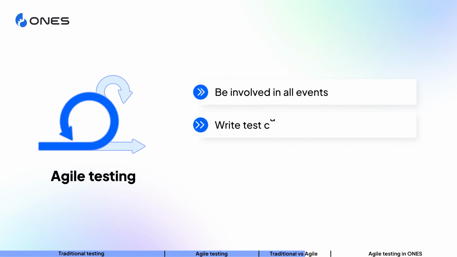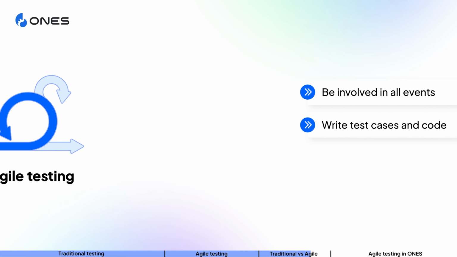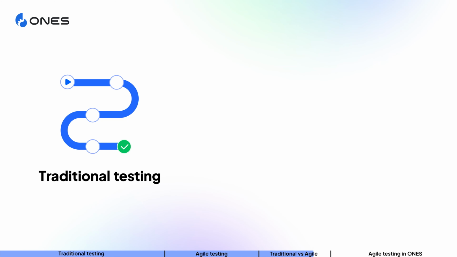Agile testers will be involved in all the events that the development team attends, including user story breakdowns, requirements analysis meetings, sprint planning meetings, etc., to make sure that they understand each step of development, and write test cases and code. On the other hand, traditional testers start testing towards the end of development.